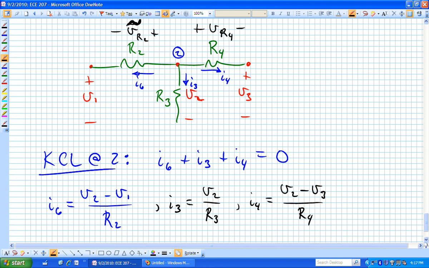Now let's just do KVL around that particular path. Oh, I forgot to put in my plus sign for V sub 2, but now let me come up here, go there, and come back down to that point. If I do that, I have minus V2 plus V sub R sub 4 plus V sub 3 is equal to 0.